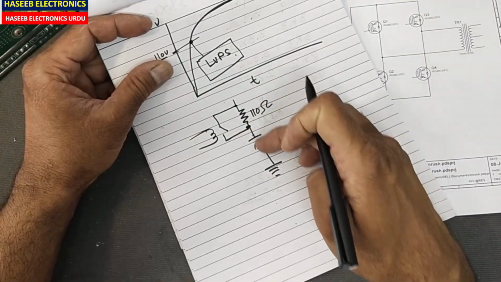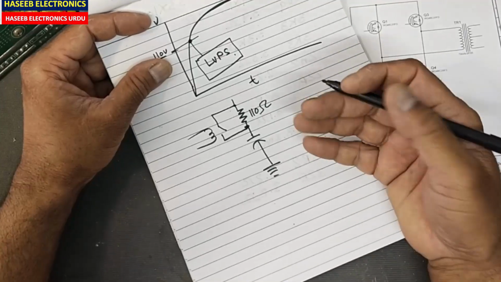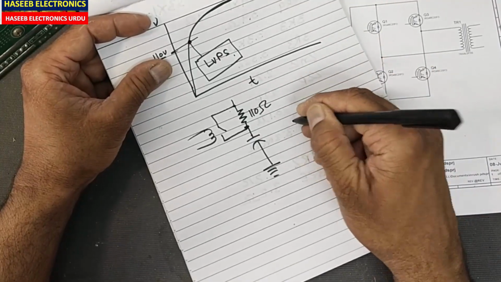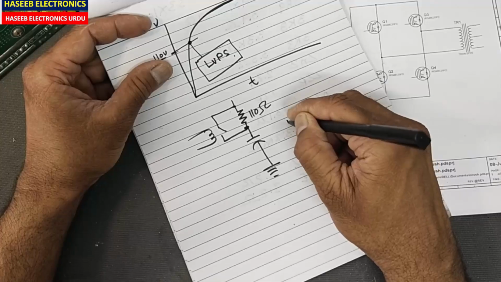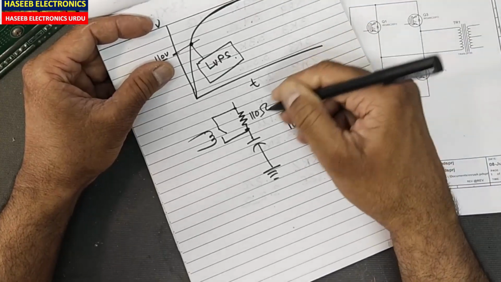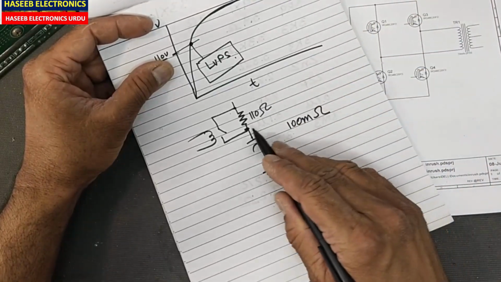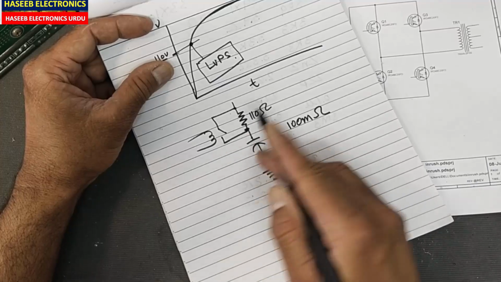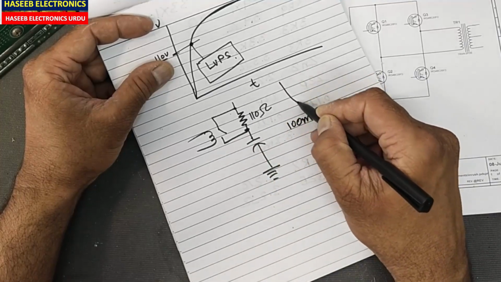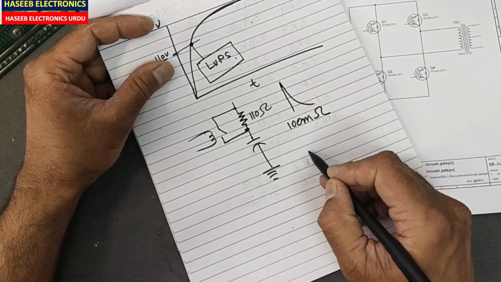We have two components in series, one resistor, one capacitor. At initial stage, its internal resistance is 100 milliohm, and this is 100 ohm, 110 ohm. At that time it will drop all the voltage here, because the capacitor has zero voltage.